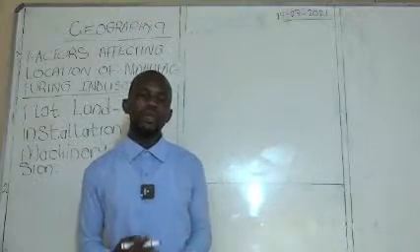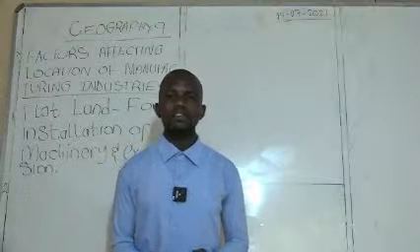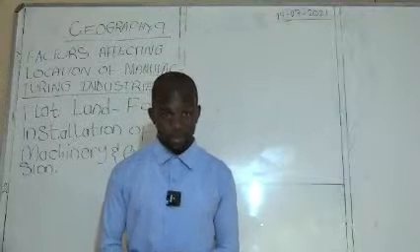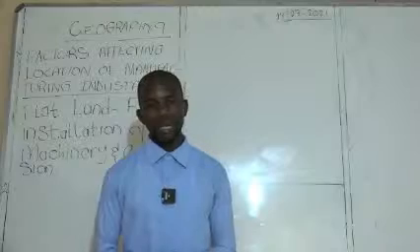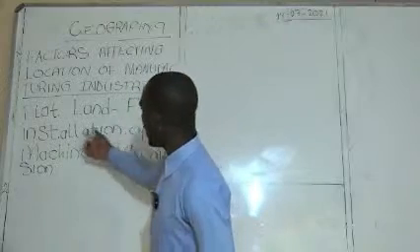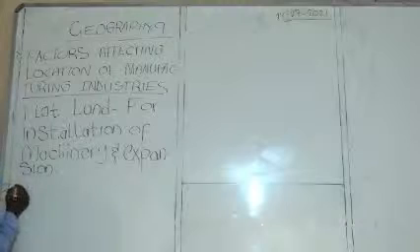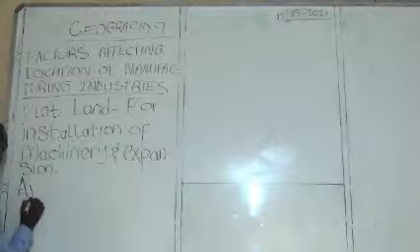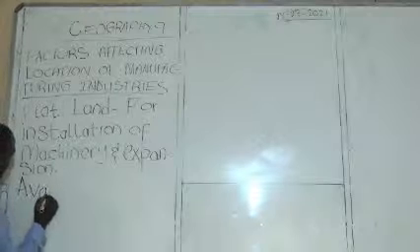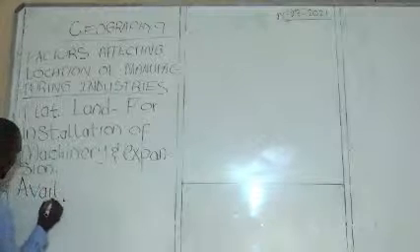You know, when water is available, it is very easy for cooling purposes to be done without problems. So I'll simply say availability of water for cooling. All right? So water must be available. Where water is available, the location of the industry is easily made.